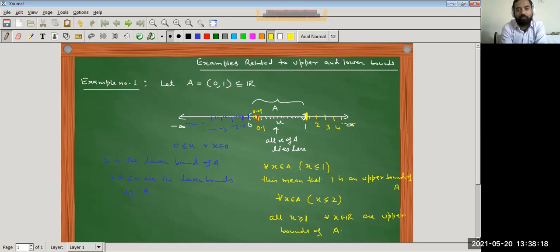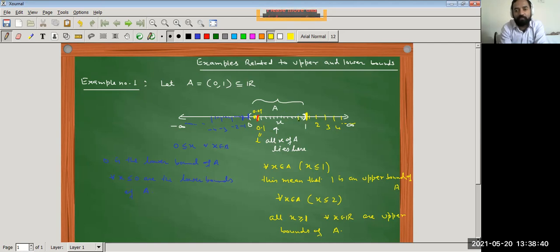So we have to find at least one number less than this L. If this is equal to L, then there exists a number 0.09 of the non-empty set A which is less than L. So in this case L is not a lower bound of this set A.